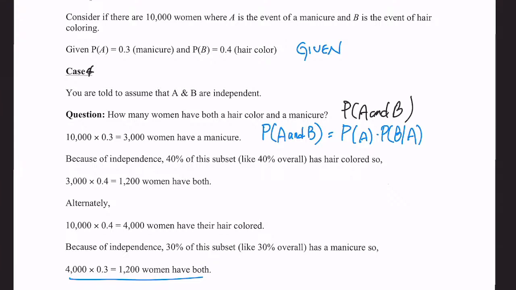The probability of A is the 30% that I applied to the 10,000. And then out of the ones who already have a manicure, the 3,000, I calculate the probability of B. Now, because they're independent, this is just times the probability of B. Nothing changes. It was 40% initially for B, so it's 40% even if A happens.